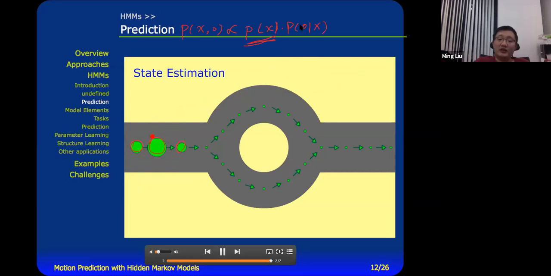For each case in P(x), we design a Gaussian distribution. Then given the current position, you compute for the first Gaussian, second Gaussian, third Gaussian. You can marginalize out all three pieces, so you get the joint distribution. Okay, so this is clear.